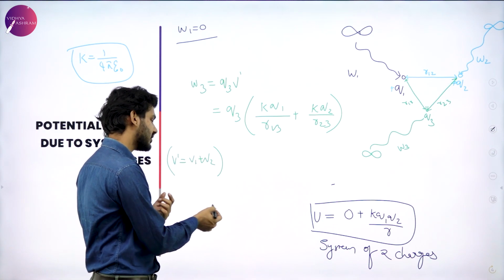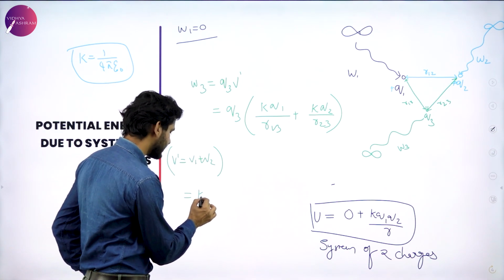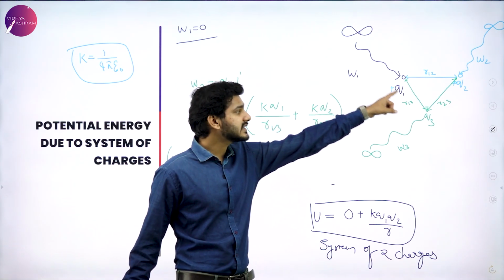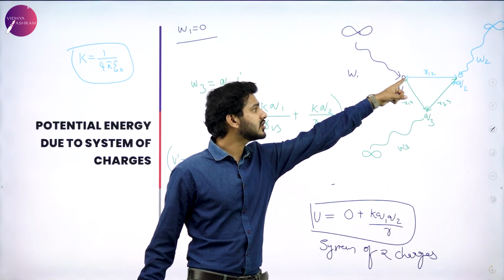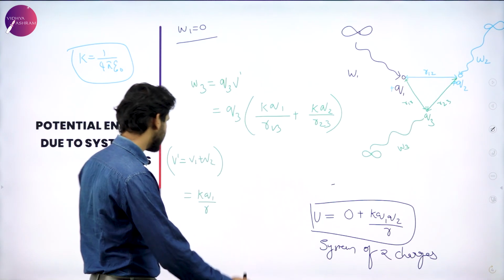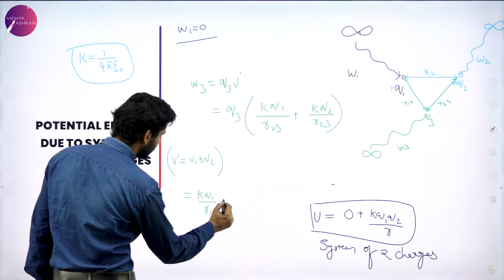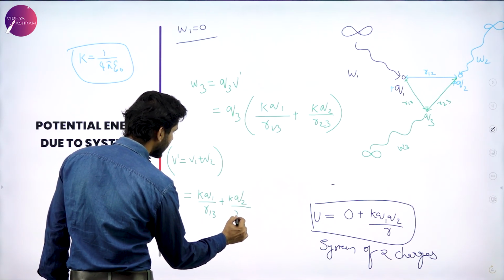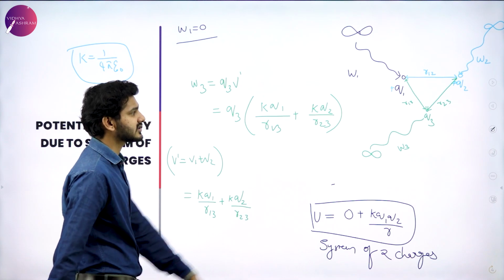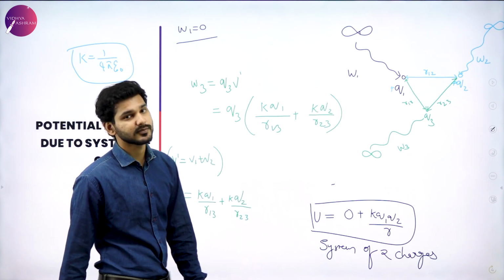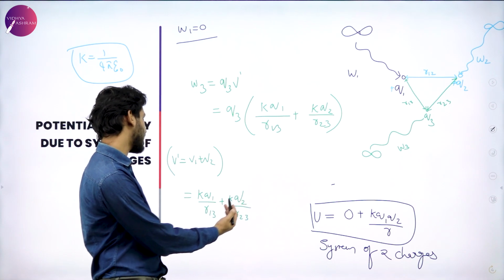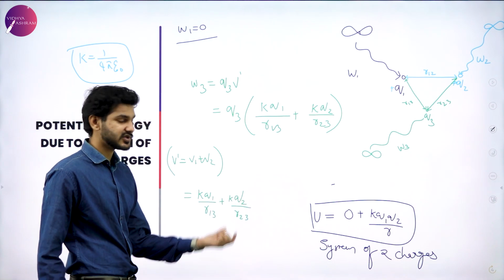Expanding V1 and V2, the equation is K Q1 by R13, the distance from Q1 to Q3. That is why it is R13, plus K Q2 divided by R23, because the distance is R23. Direction is important, which is why 2, 3 and 1, 3 are all written as subscripts.